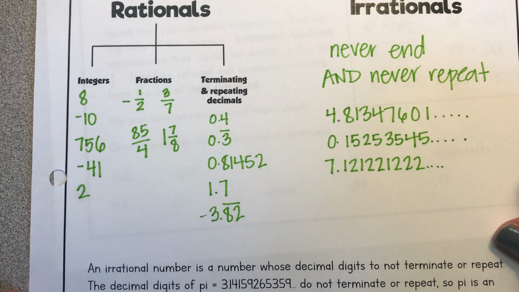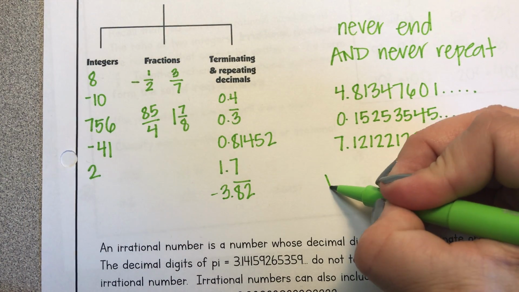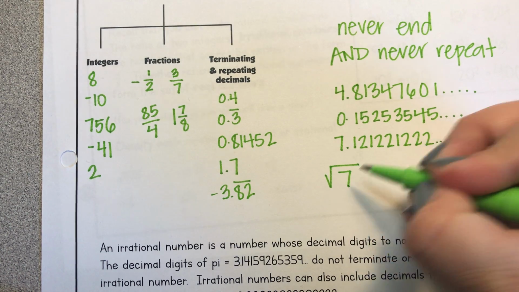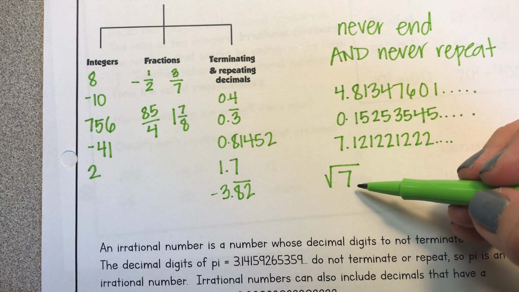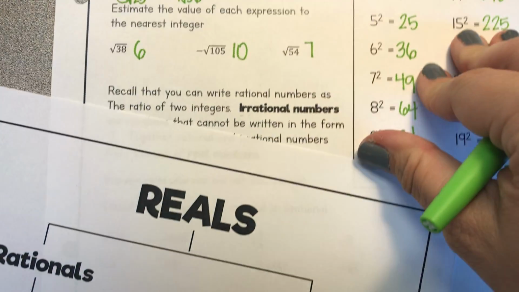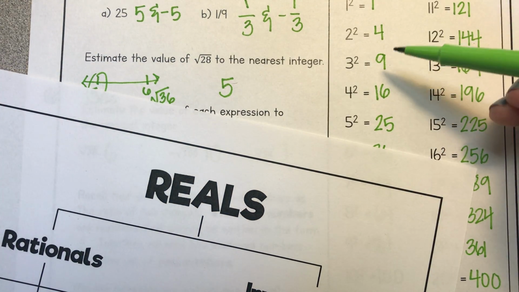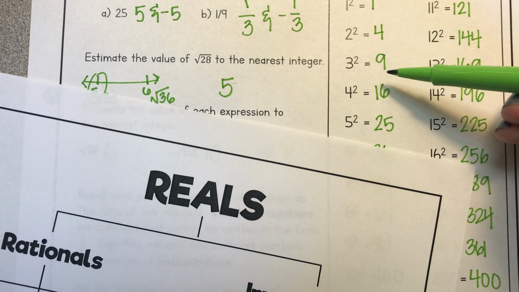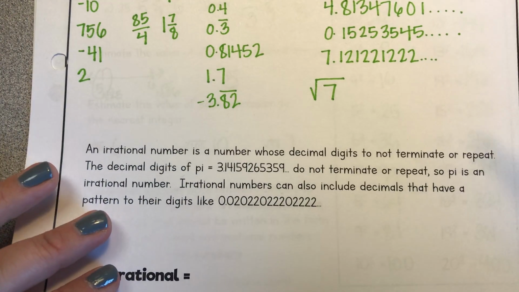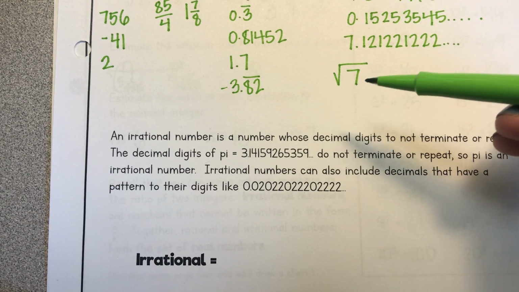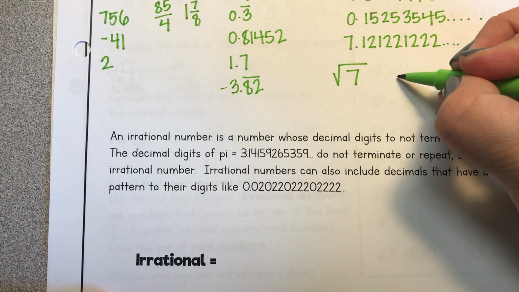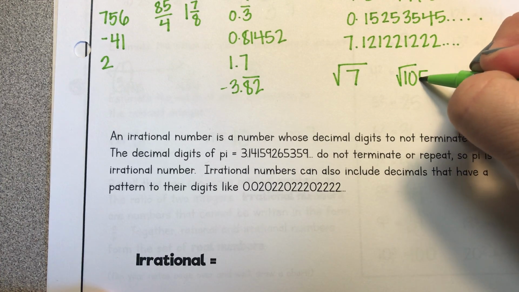And what that means as far as square roots is if it is the square root of a number that's not a perfect square. Do we know what the square root of 7 is? No, I know that it's going to be close to 3, in between 2 and 3, but I don't know what it is. Well, if you actually tried to work it out, it would be a number that never ended and never repeated. Okay, so like square root of 105.